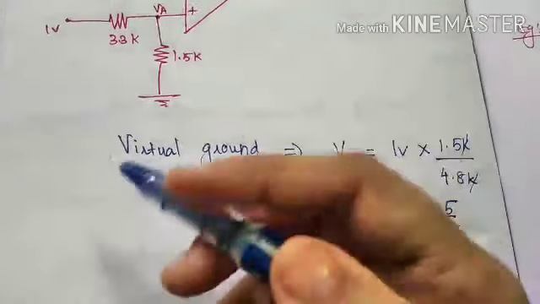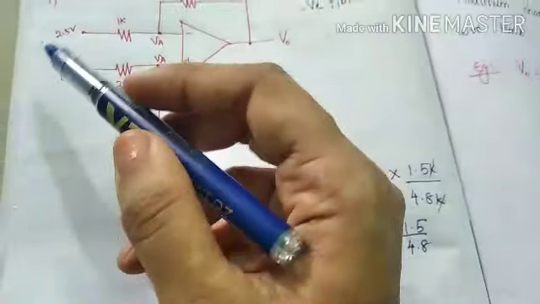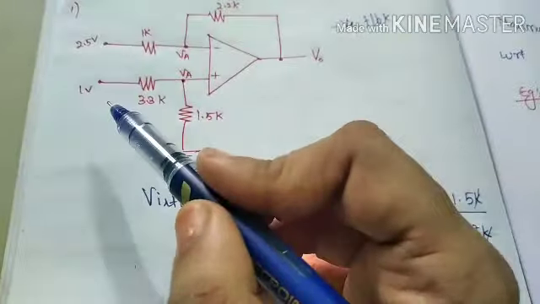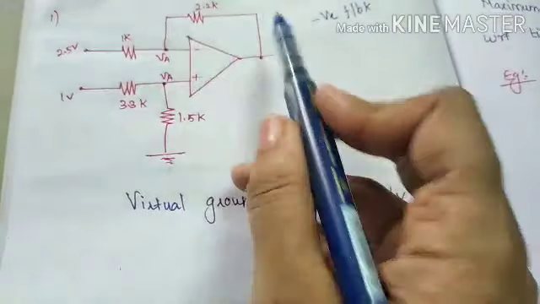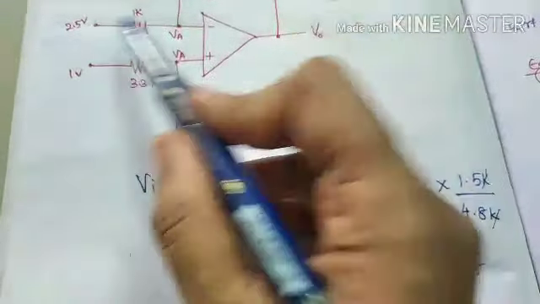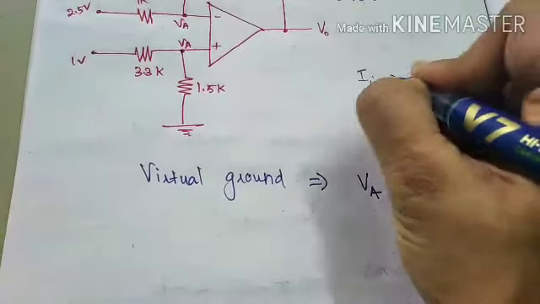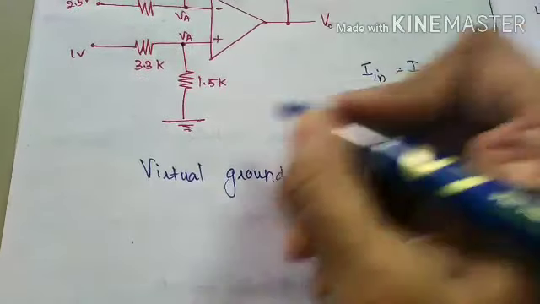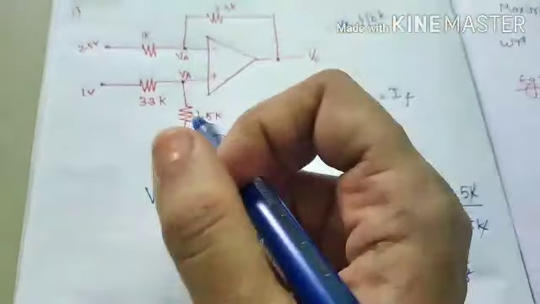Now we have to apply KCL over this loop. This kind of problem is very important. Generally, while solving this kind of problem, I in is equal to IF: the current at the input terminal is equal to the current at the feedback terminal.